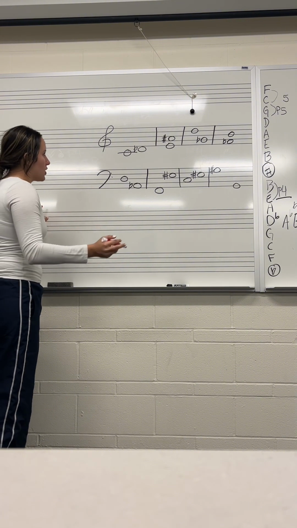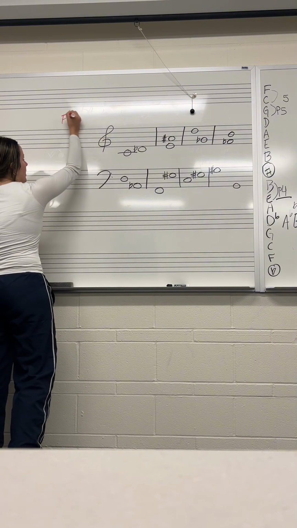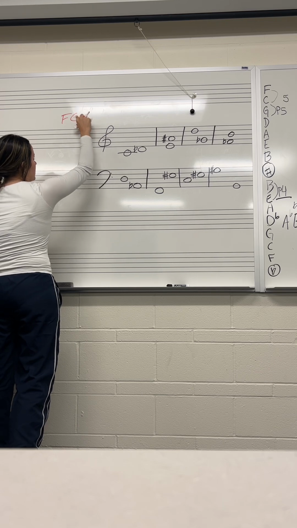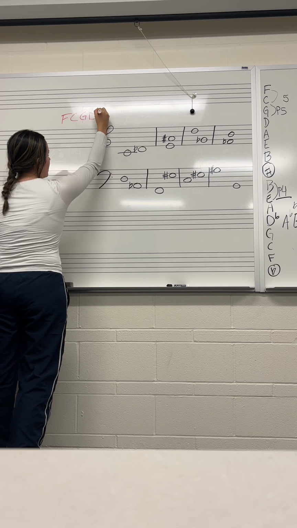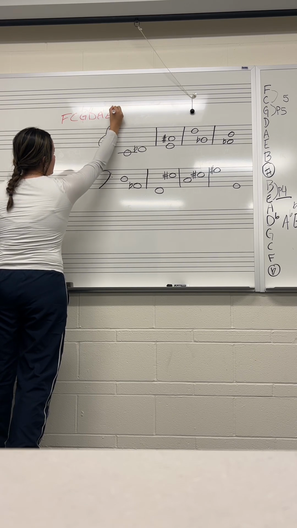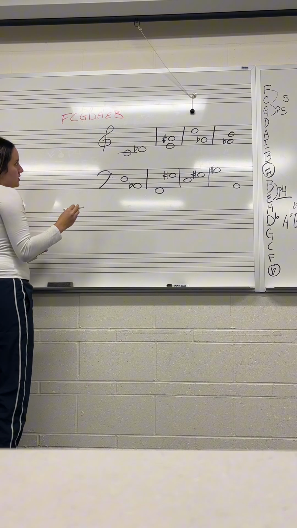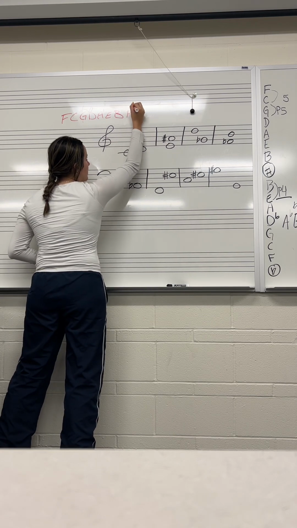So immediately before I begin, I'm just gonna write out F, C, or that's a G, my bad. F, C, G, D, A, E, B. And I'm going to add F sharp and C sharp on the end.